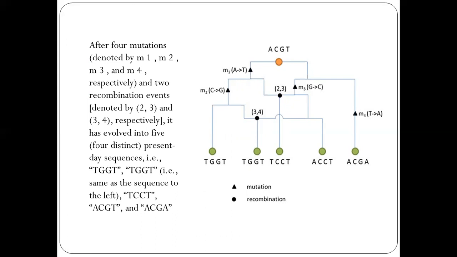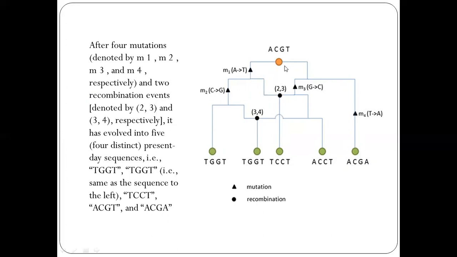If we look at the leftmost example, we see that ACGT is mutated in M1, where A is converted to T, and in the next step, M2, C is converted to G, which results in the sequence TGGT. Then we look at the rightmost example where at M4, T changes to A to get the result ACGA.